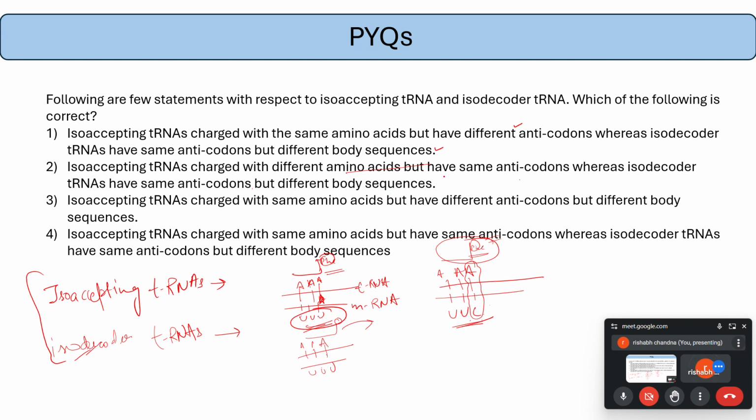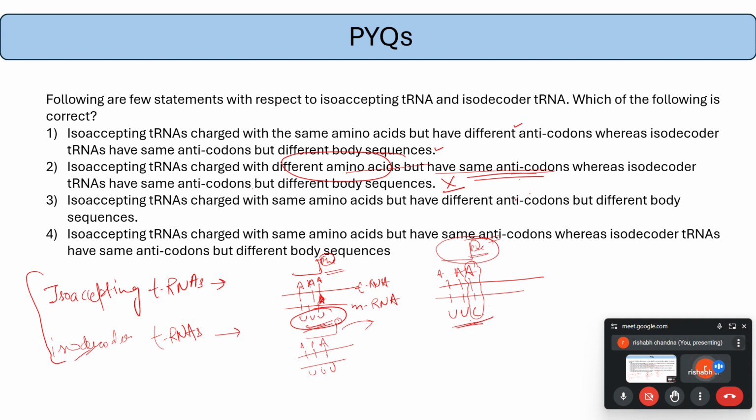So this is wrong, because this is different amino acids but with the same anticodons.